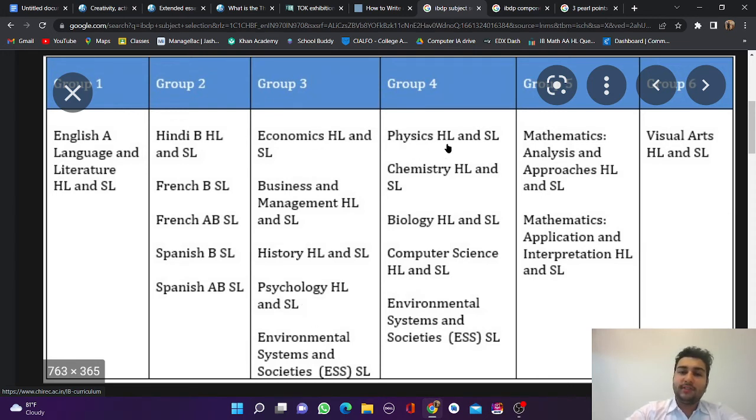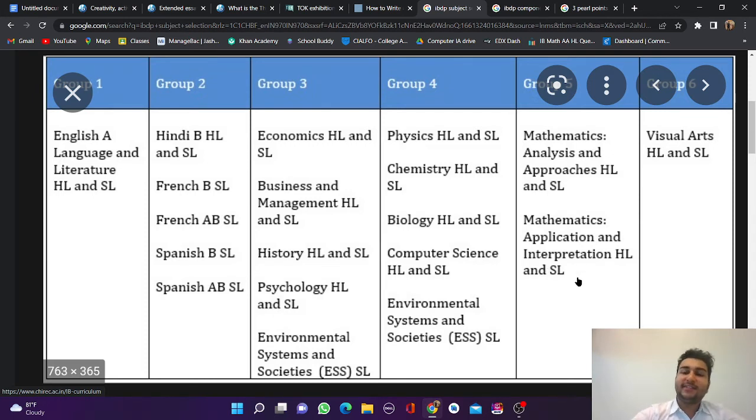Group 4 is the hardcore sciences: physics, chemistry, biology, computer science, and ESS again. Group 5 relates to maths. Every IB student must choose one maths subject, whether it be AAHL, analysis and approaches HL, or SL, or the maths applications and interpretation, AIHL or SL.